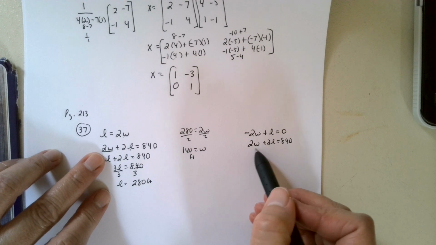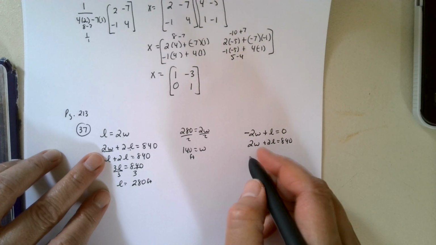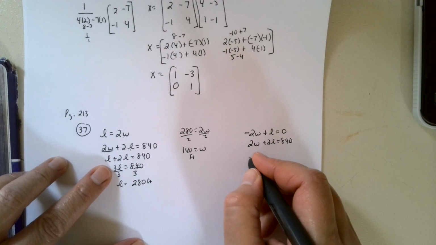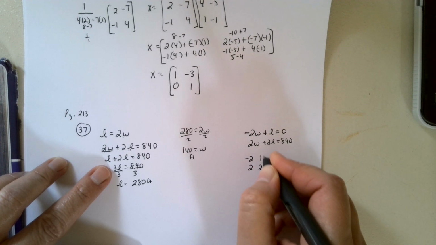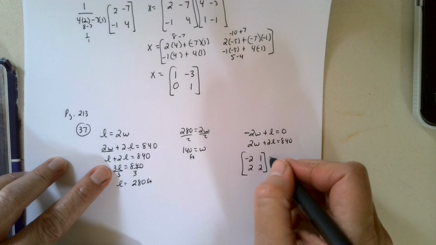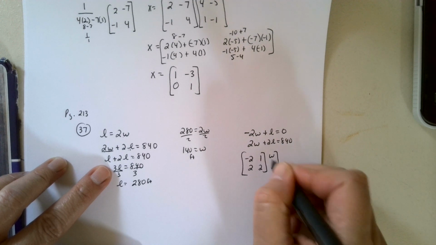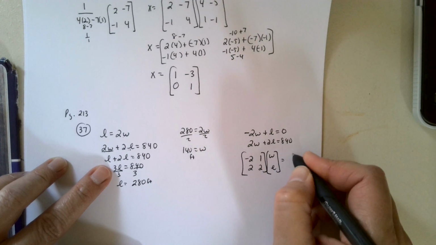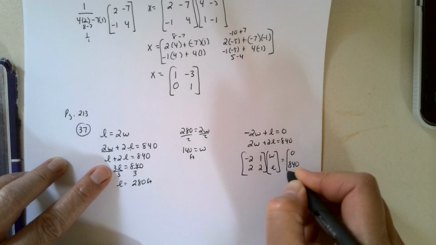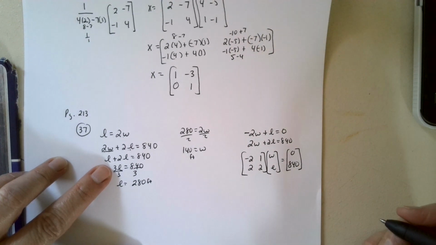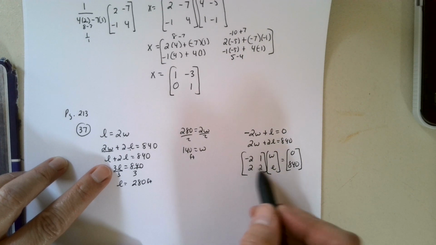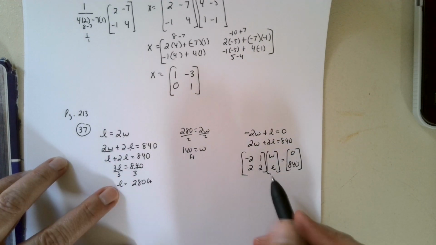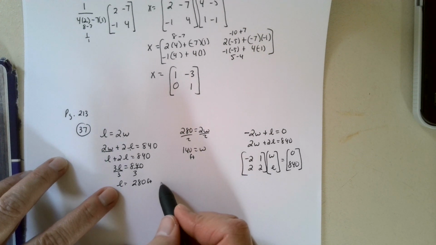And then right here, I would be tempted to do the elimination method. But if you're doing the matrices method, inverse matrices, you do negative 2, 1, 2, 2 for your coefficient matrix, W and L for your variable matrix, and 0 and 840 for your constant matrix. And then find the inverse of this matrix and multiply in front, and you'll end up with the same answers that you have over here.